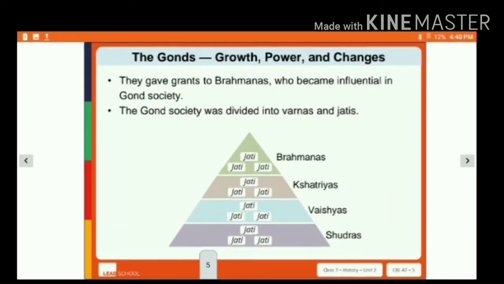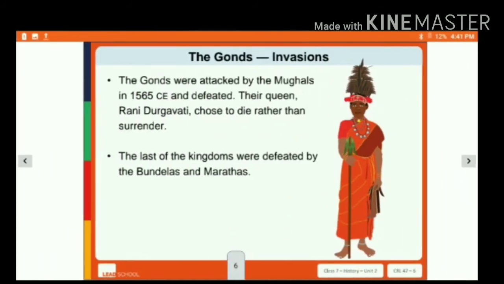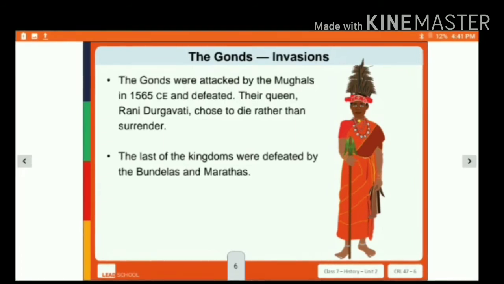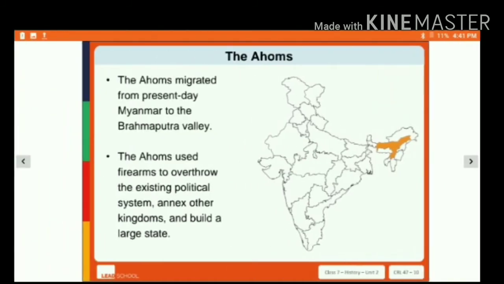So, they gave grants to Brahmins who became influential in Gond society, and the Gond society was again divided into varnas and jatis. The Gonds were attacked by the Mughals in 1565 and defeated. Their queen Rani Durgavati chose to die rather than surrender. The last of the kingdoms were defeated by Bundelas and Marathas.